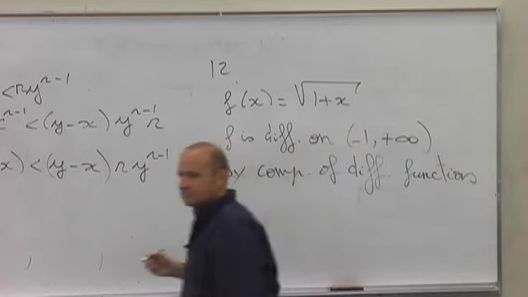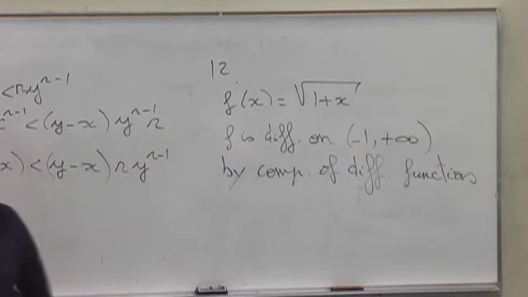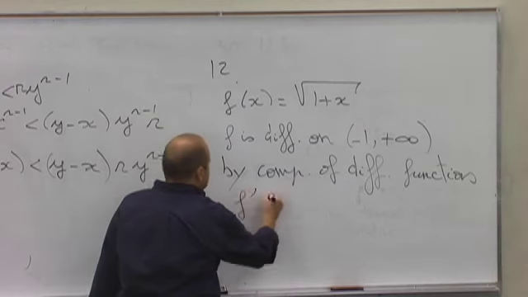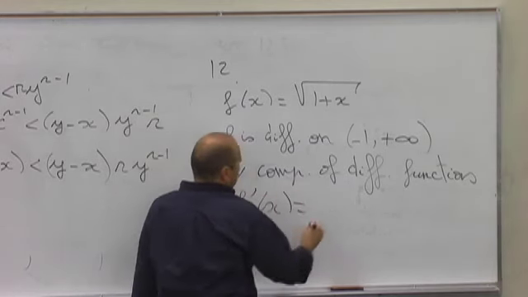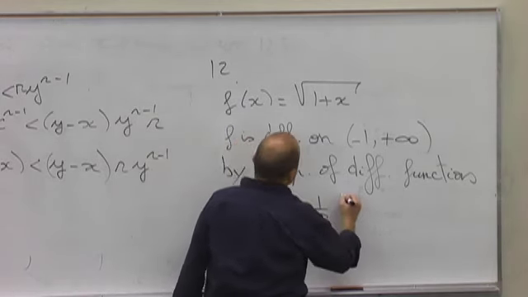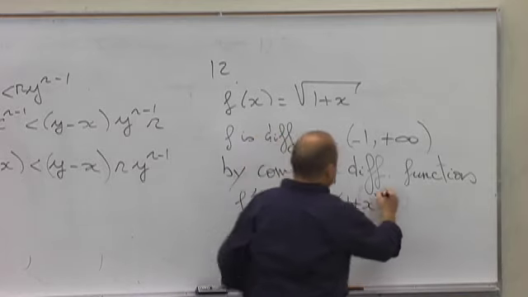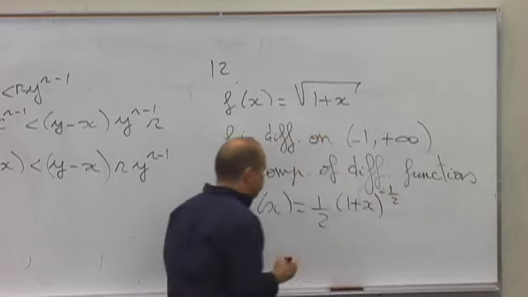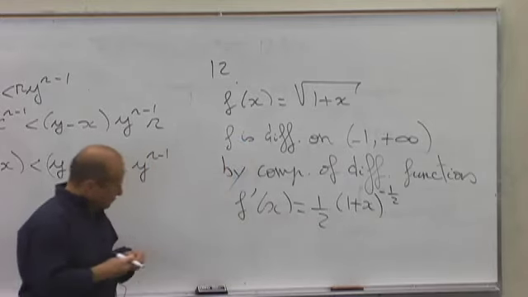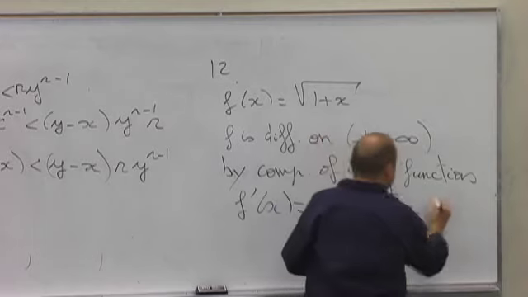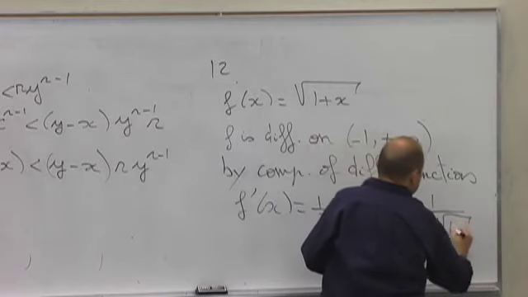And then we use the chain rule to get a derivative, we get 1/2 (1 plus x) to the minus half times 1. So this is 1 over 2 square root of 1 plus x.